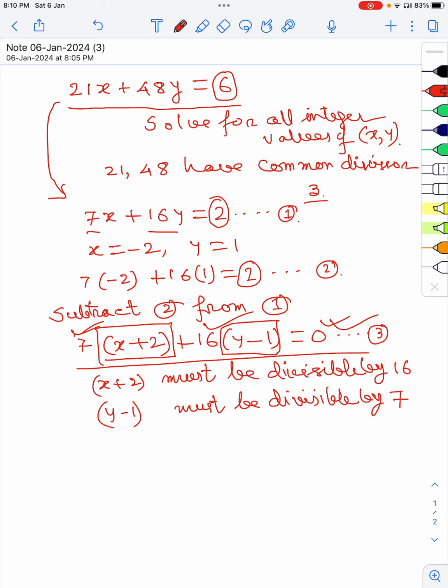Then the equation 7 into x plus 2 plus 16 into y minus 1 equal to 0 will be satisfied.